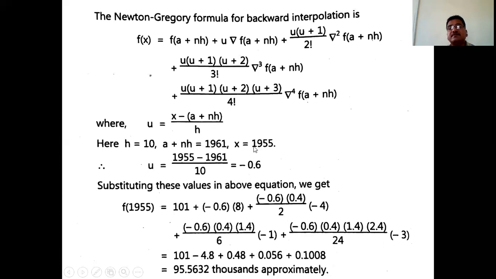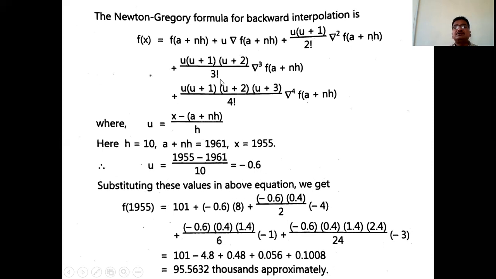And x is 1955, that is, we have to interpolate the function f(x) at x equal to 1955, the value of y. So u is 1955 minus the last value of x divided by 10, where h is the common difference, and therefore it is minus 0.6.